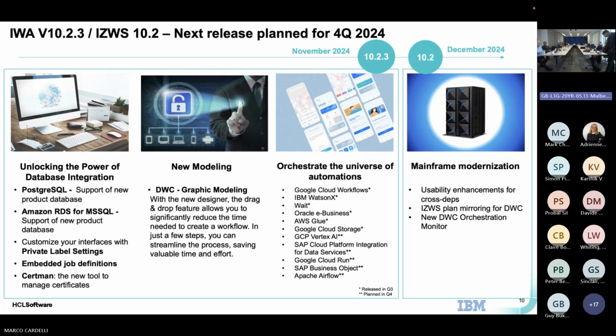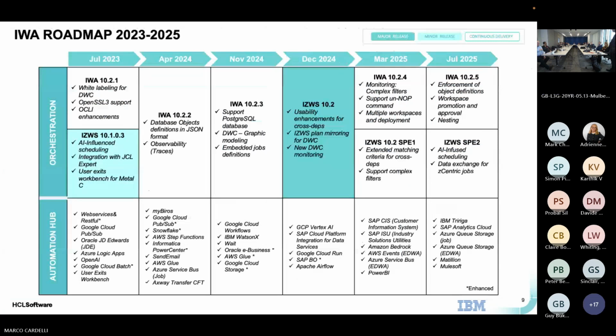So, Marco, can you just go back one slide, please? Of course. There's a question about why 10.1.0.3 is highlighted. Well, I guess why the other one's highlighted. Is there a particular reason that's highlighted? That's actually a mistake. It should be a minor release. Oh no, it's a minor release.